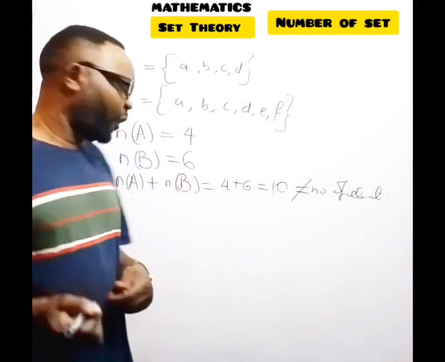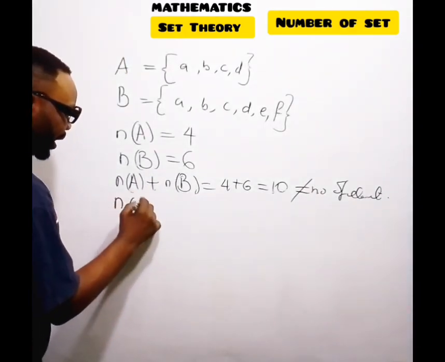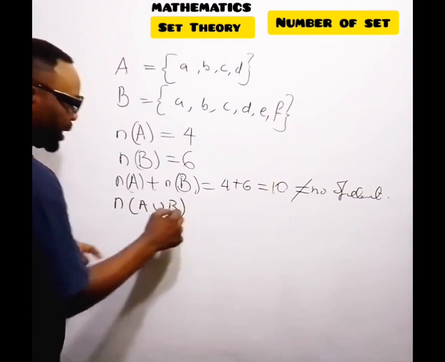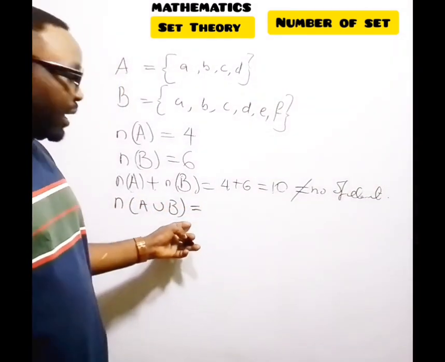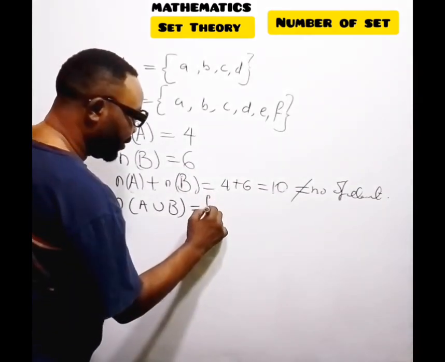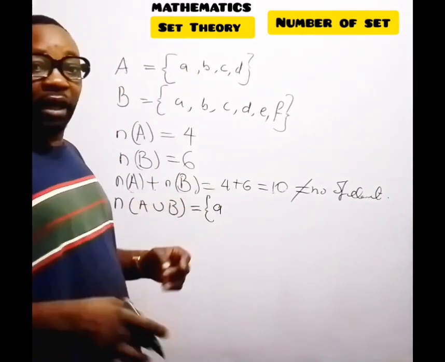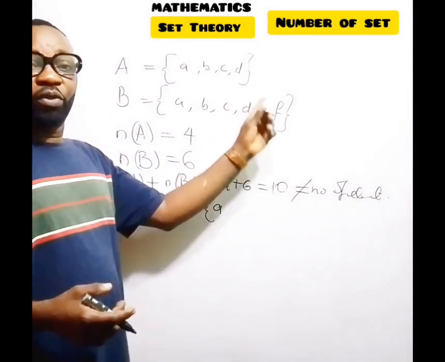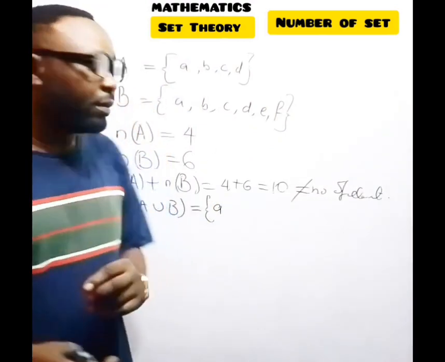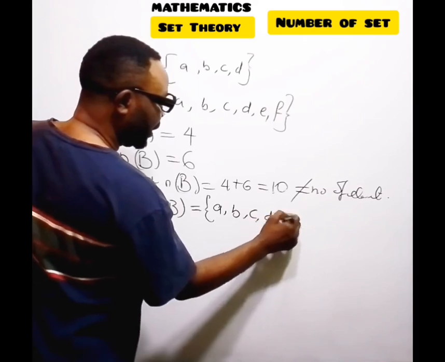But I can find the value of n(A union B). I will write those elements here. A union B will be A, B, C, D, E, F. Don't forget, I told you earlier that once elements are found more than once in the two places, you write only one of them down.